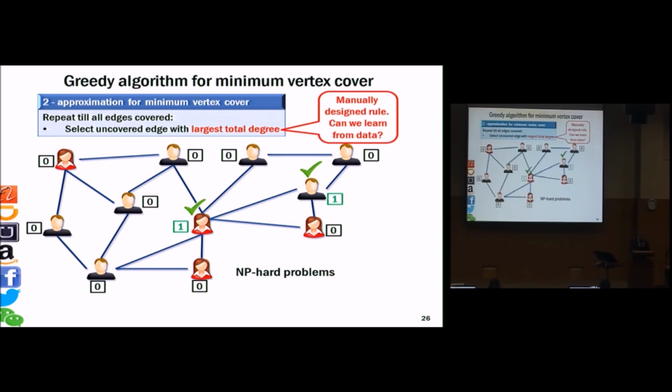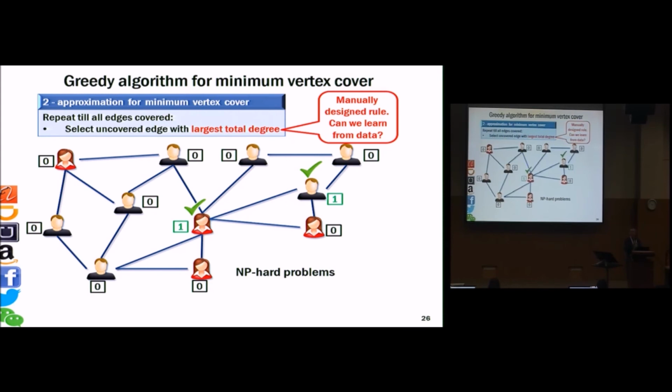Okay? But what you might notice is that in this two-approximation algorithm, the criterion that is used to select a node is actually hand designed. It's a simple one based just on the degree, and we could potentially learn a better one, based on the topological information, how these nodes are connected to the neighbors, maybe neighbors two hops away.